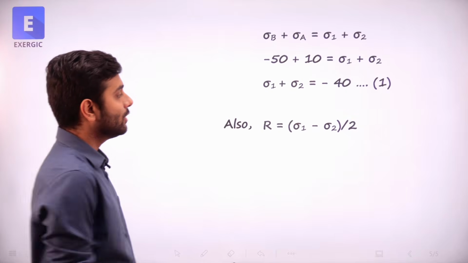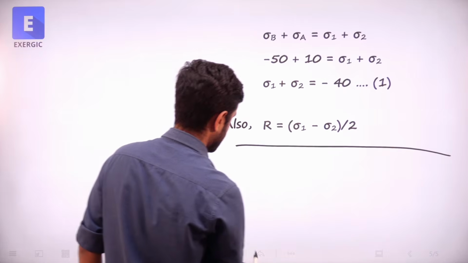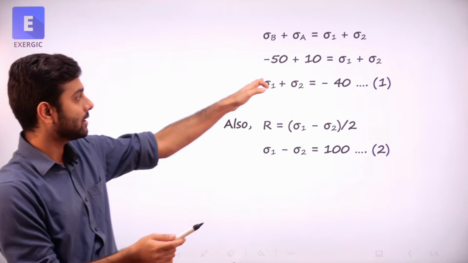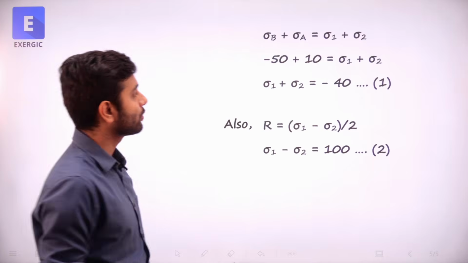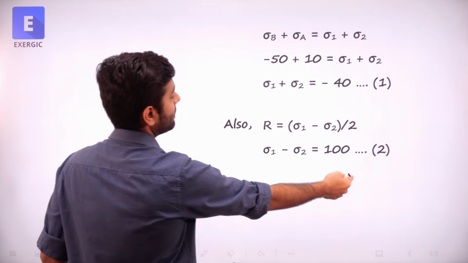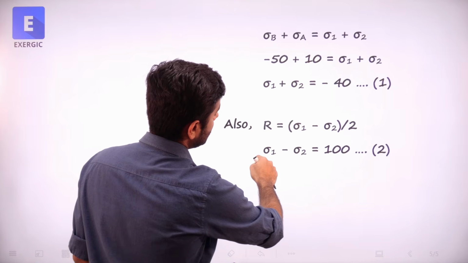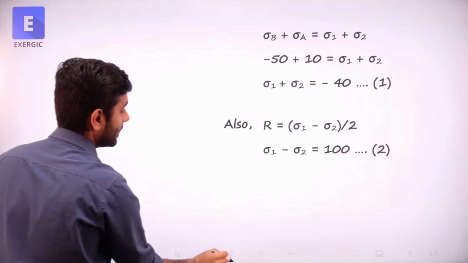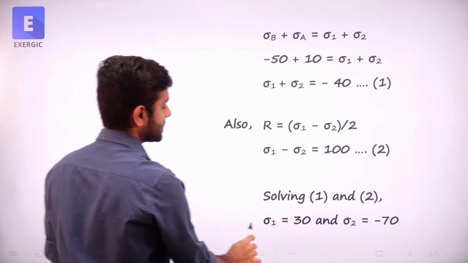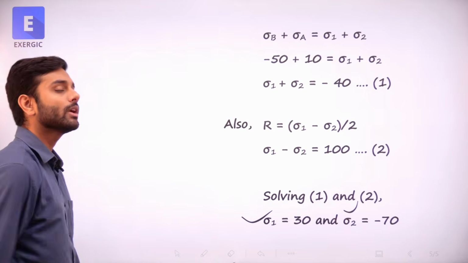So if you put in the value, sigma 1 minus sigma 2 is equal to 100. These are the two equations and these are the two unknowns. Just add them together. This will become 60, this will become 2 sigma 1. So sigma 1 will become 30, and sigma 1 is 30, so sigma 2 is minus 70.